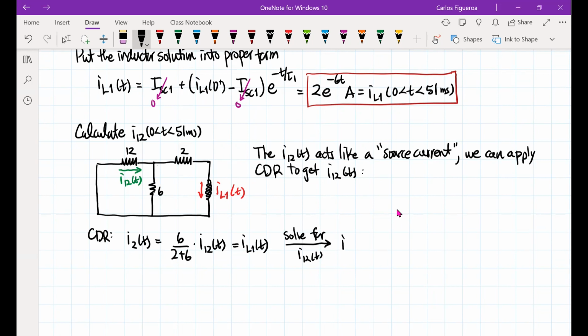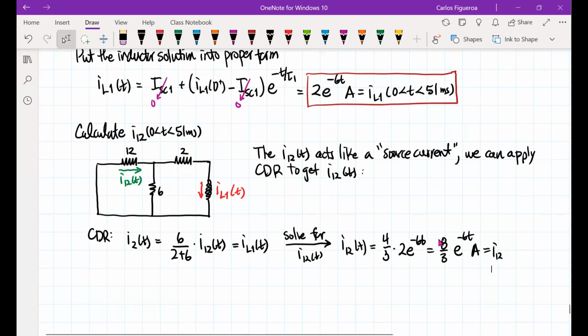So then I12 of t is going to equal 4/3 times 2e to the minus 6t, which gives me 8/3, e to the minus 6t amps, and this is I12 between 0 and 51 milliseconds.